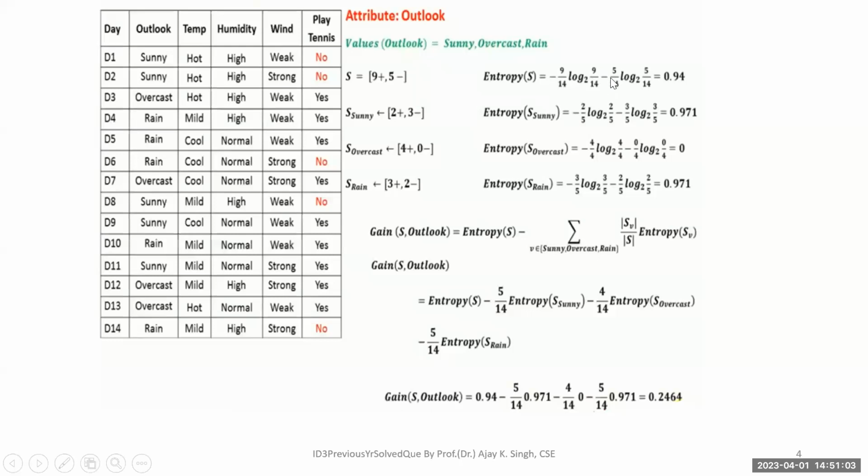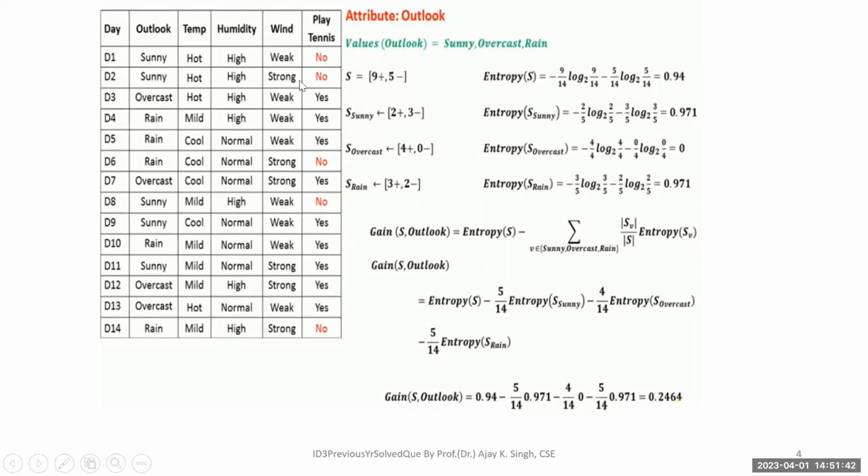Again, after this, minus total negative by total case, log base 2, negative by total case. What is negative? 5 in this case. So this is the formula of entropy, and this is a very, very important formula. By using this, we calculate 0.94. So the disorderness of the entire system is 0.94. Because in most of the cases it is yes, the disorderness is not too much in this case.